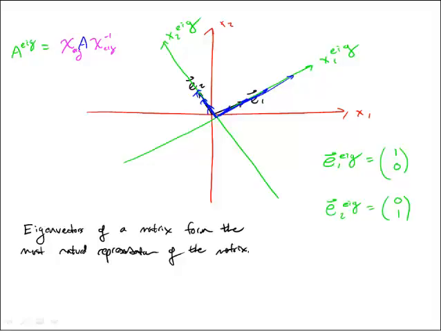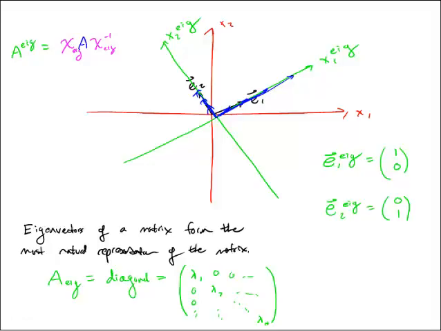And what's really, really cool about this is that A in the eigenbasis is diagonal. So all of the entries except for the diagonal entries are 0. And what do you think goes in the diagonal entries? Well, that would happen to be the eigenvalues. And everything else is 0.